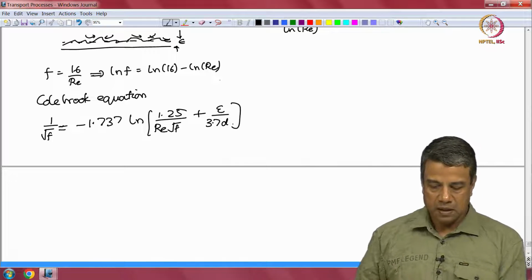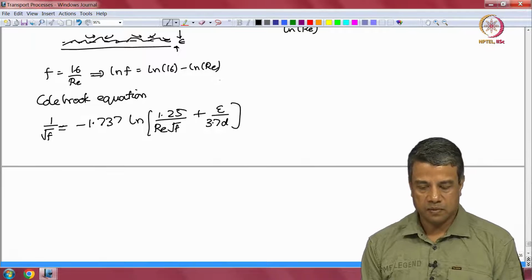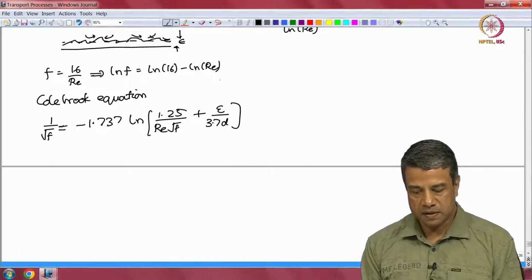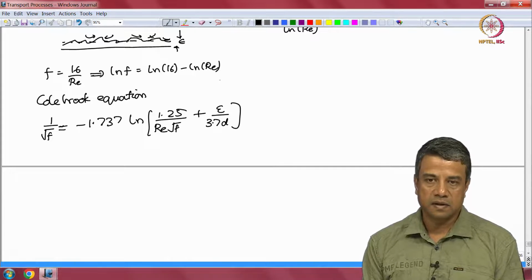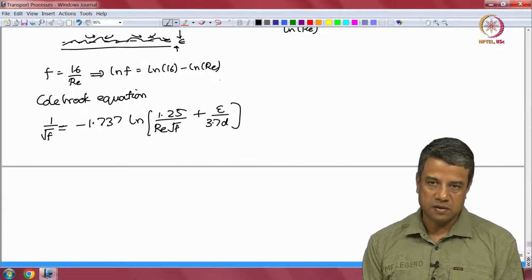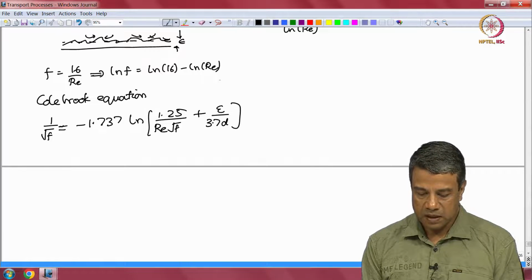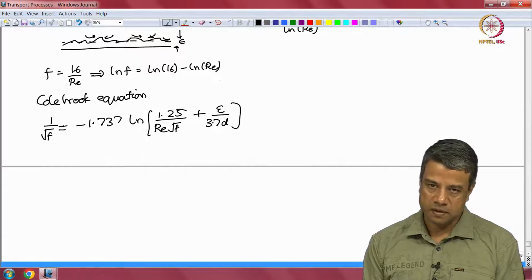Ln is the natural logarithm, and I have a minus 1.737 factor there, and that is because the argument of the log is usually less than 1. Epsilon by d is usually much less than 1, and I have a Reynolds number in the denominator. So, both of these are less than 1, and because of that 1 over root f will be a positive number.